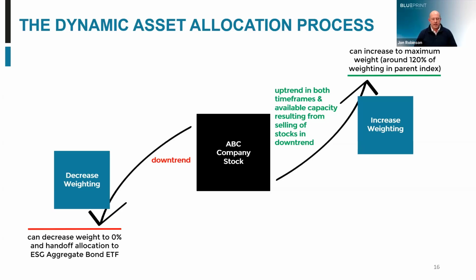And this happens every month, and we feel like it gives us a repeatable process to both be opportunistic, take advantage of rising stocks, particularly the stocks that are the strongest in the index, but equal parts protecting against the downside and preserving capital. So this is really where this blend of values comes in, which the client or the investor would be aligned with as an ESG investor, because we're taking one of the most widely known, scrutinized ESG indexes in the world.